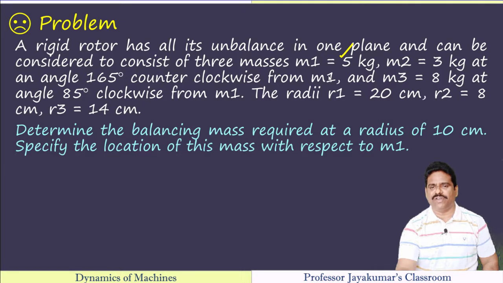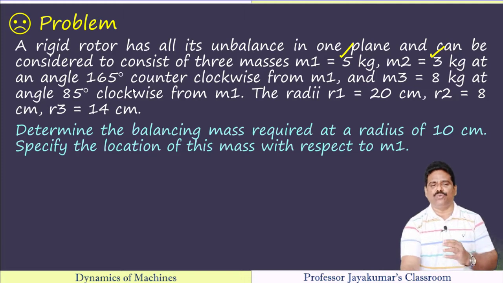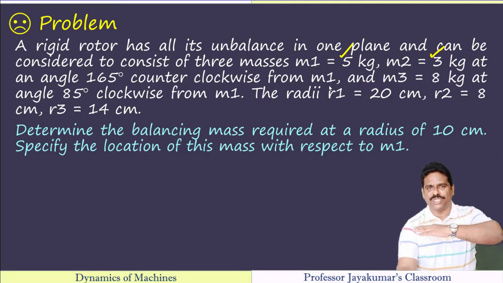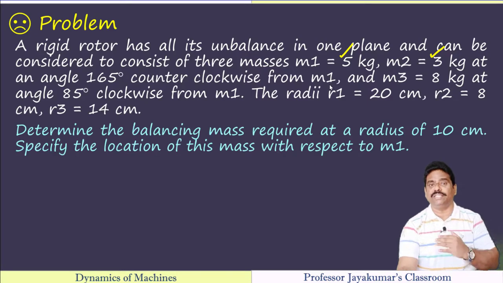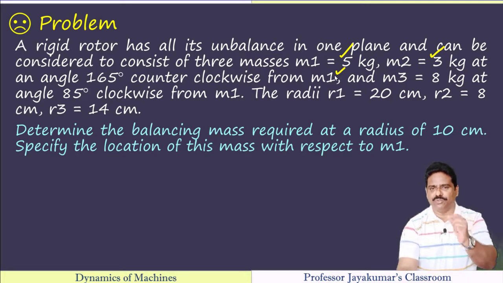Mass 1 is 5 kg, mass 2 is 3 kg, located at an angle 165 degree counterclockwise from mass 1. So from the location of mass 1, mass 2 is located 165 degree measured counterclockwise. So the mass as well as the location of mass 2 are given.